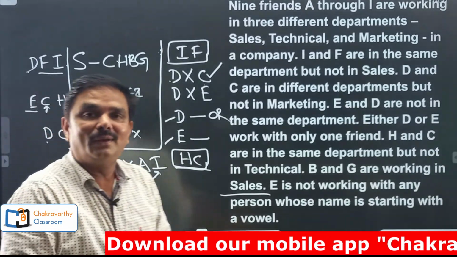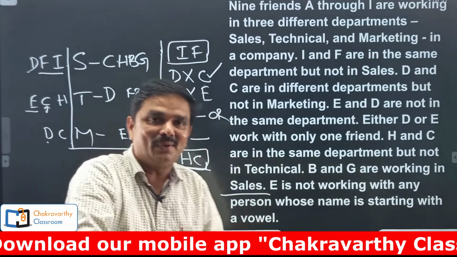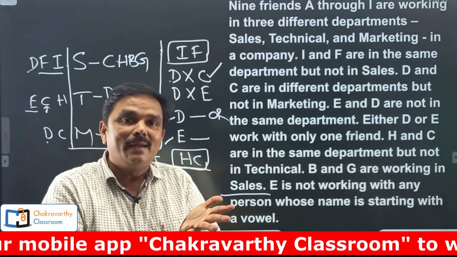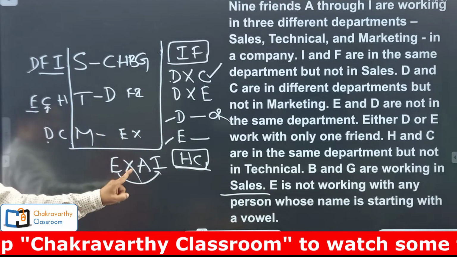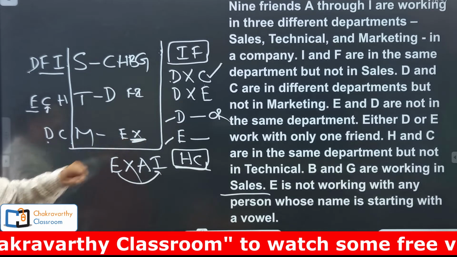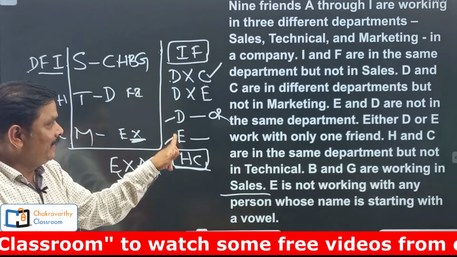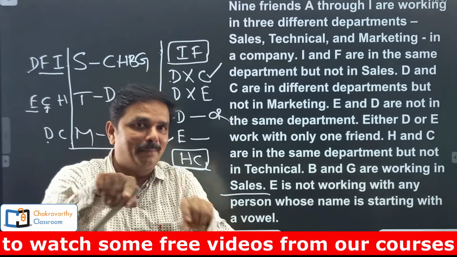But observe, what if I keep F and I here? What is the consequence of this one? Only one person left out. Who is that person? A. If I keep F and I here, I must place A here. Why is that so? Because clearly they have given either D or E should work with only one person in that department.